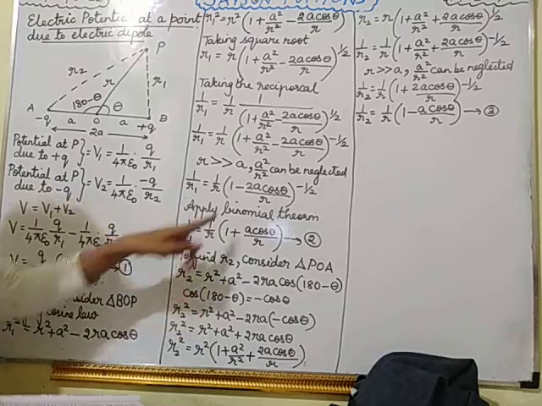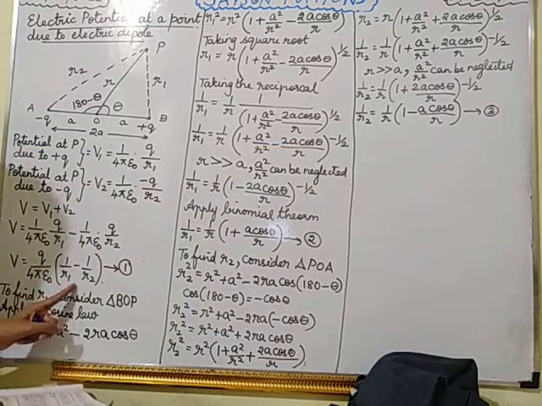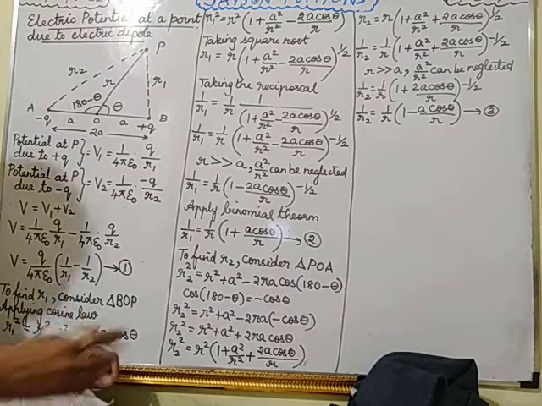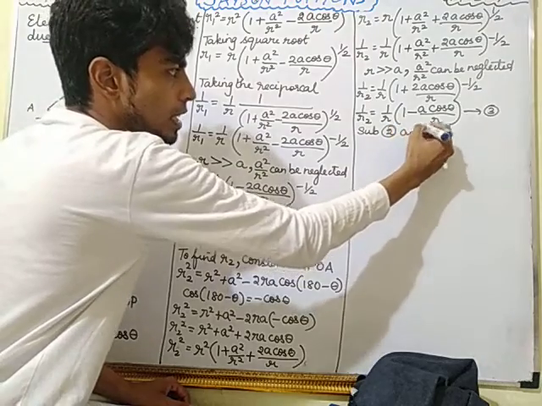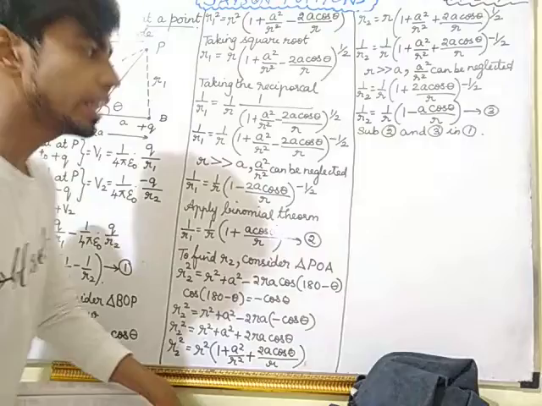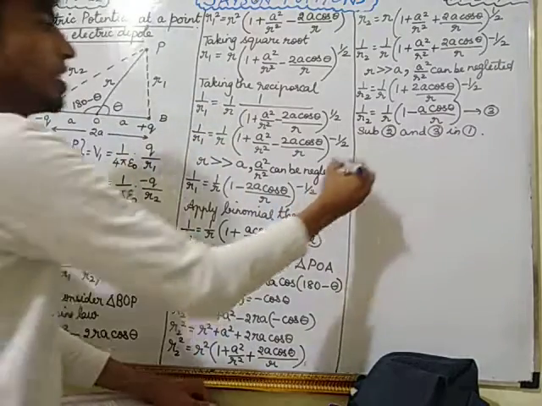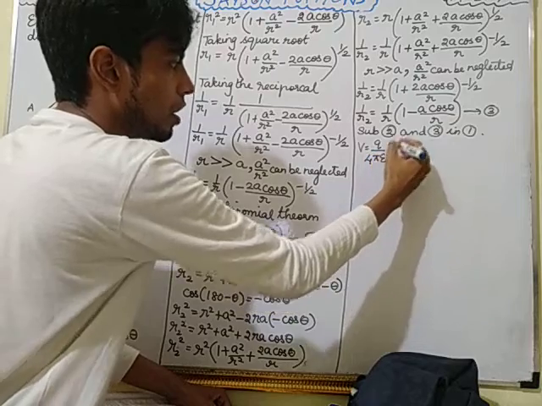So this 1 by r1 value and 1 by r2 value I am going to substitute in my first equation. So what I will get? Substitute 2 and 3 in the first equation. V is equal to Q by 4 pi epsilon naught.